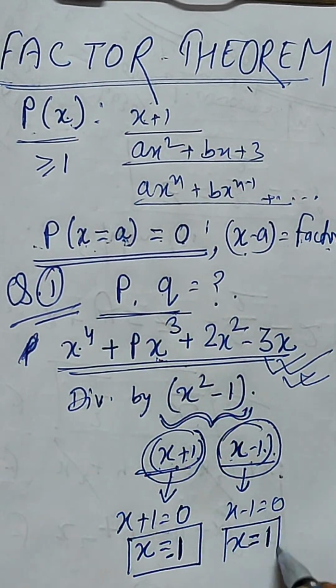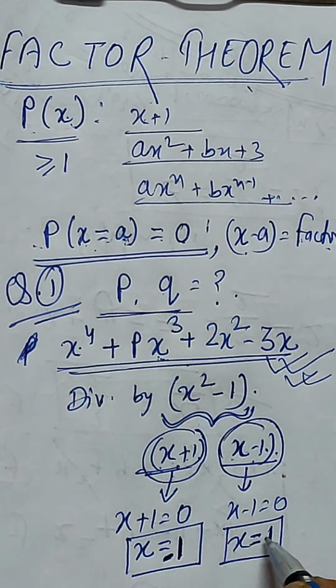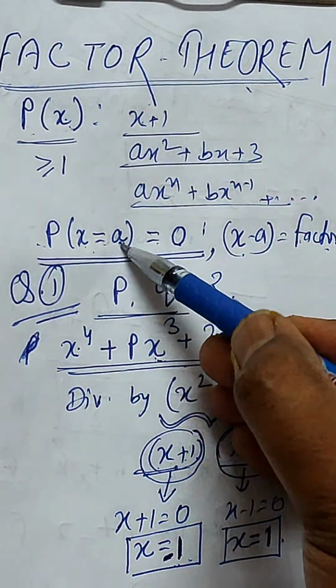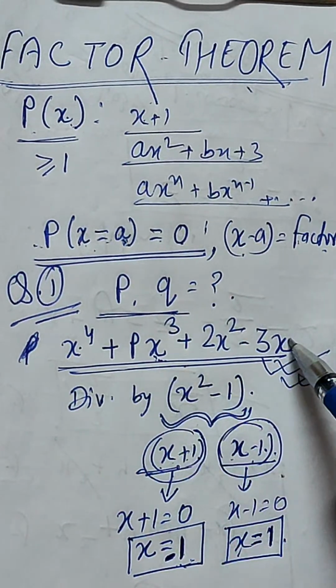So these are the two real numbers, minus 1 and plus 1, the values of a which, when put into this polynomial, make it 0.